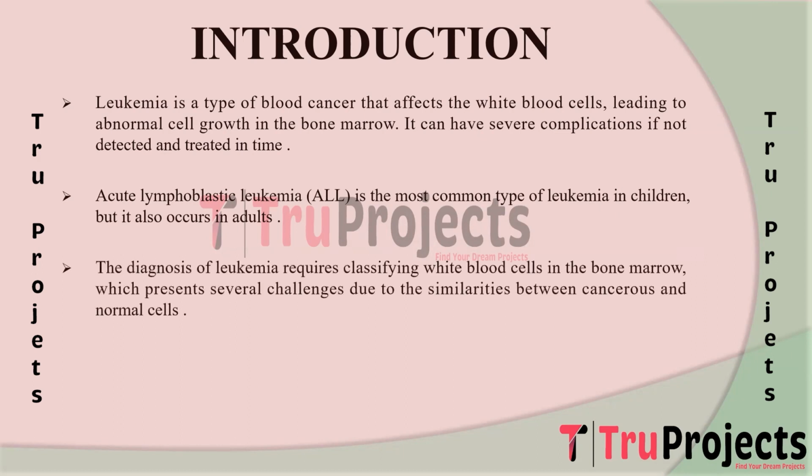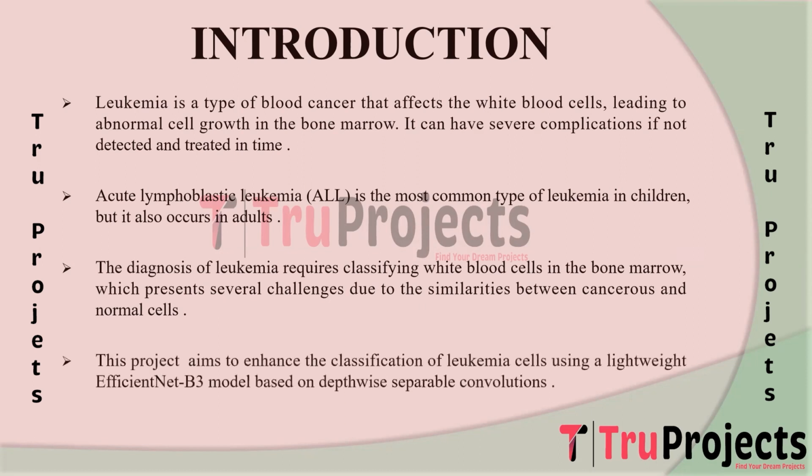Diagnosing leukemia involves the classification of white blood cells within the bone marrow. This process encounters challenges due to the similarities between cancerous and normal cells. Distinguishing between the two types accurately is crucial for an accurate diagnosis. The project aims to improve the classification of leukemia cells by leveraging a specialized approach.